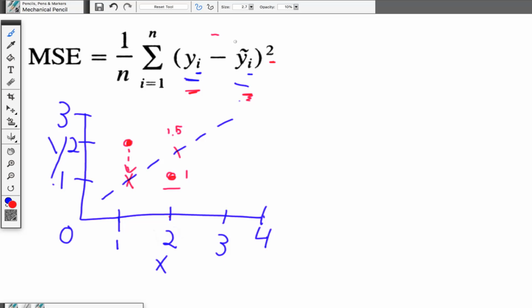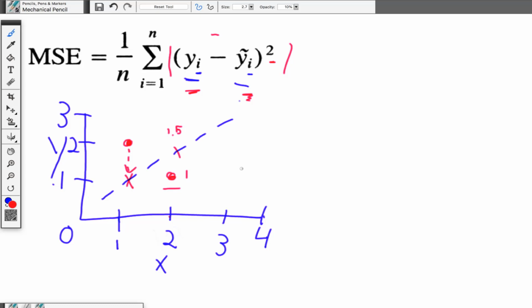If you have a bunch of positive numbers, you might actually end up getting a mean squared error that isn't the true optimal line, because the difference between the predicted and the observed values are doing this sign difference, this plus or minus. So what happens when we square this subtraction is that all of them get squared, and it actually ends up removing any sign issues, such that, if we had a negative, what's a negative times a negative? Well, it's a positive number, and a positive times a positive is a positive number.